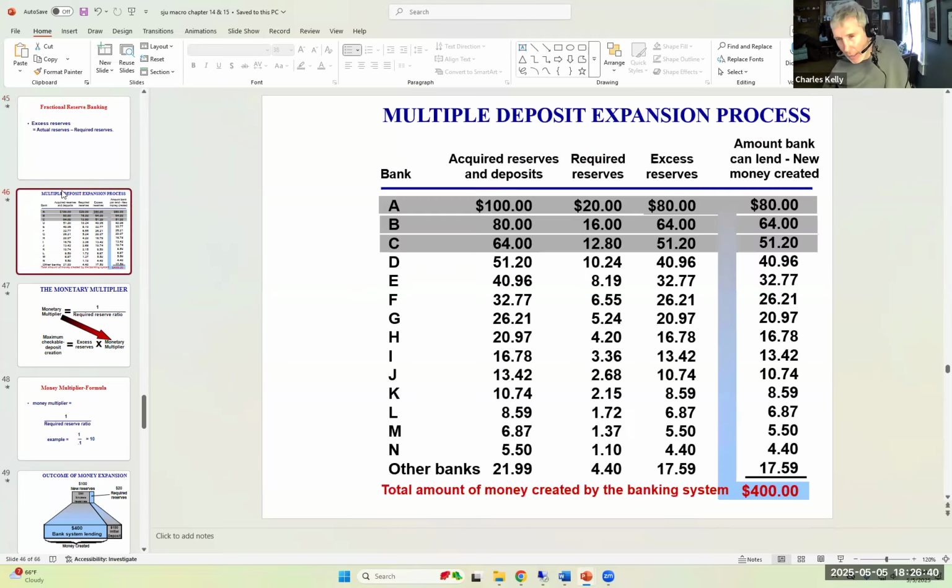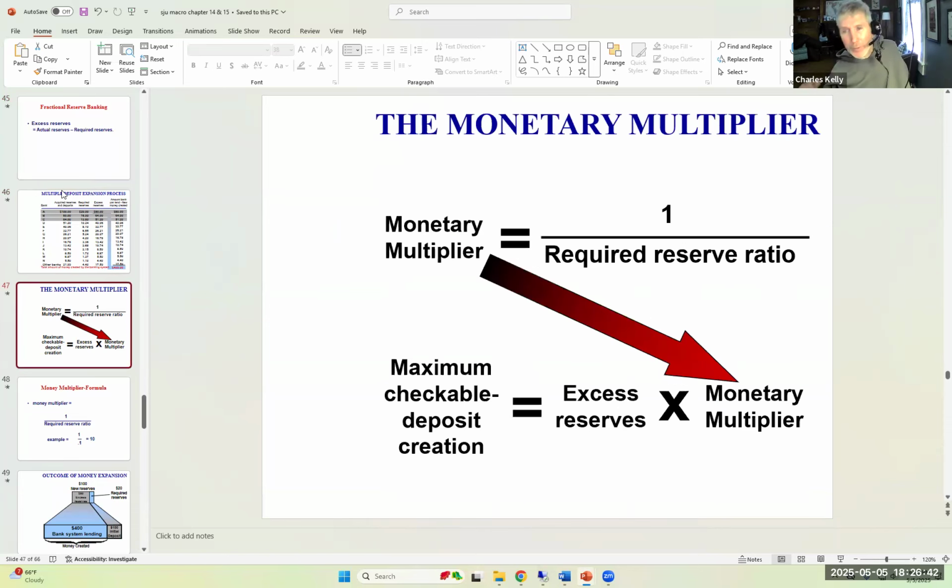All right, so this equation is important. Don't confuse this with the spending multiplier / tax multiplier that we studied earlier, right? So when you look at this, you say, okay, if the Federal Reserve has a required reserve for banks and thrifts, let's assume it's 10%.